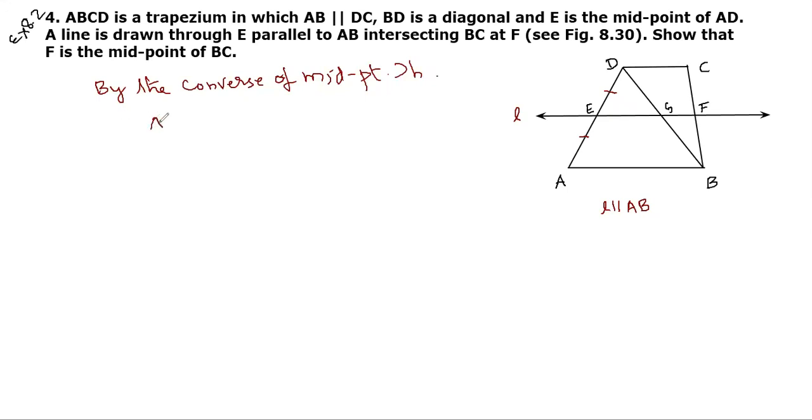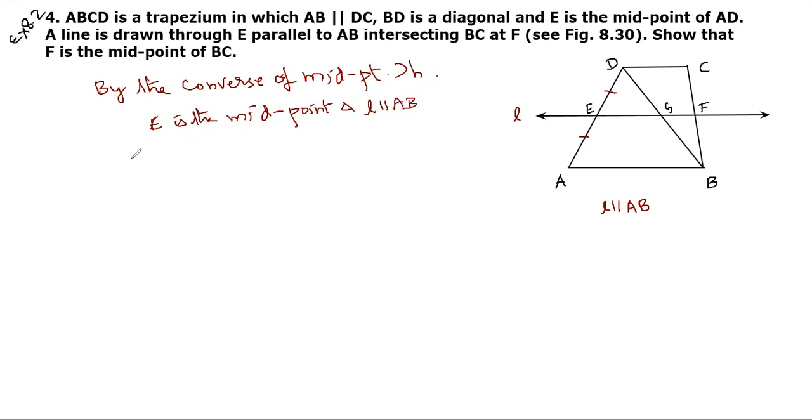E is the midpoint, because the line should start from the midpoint and it should be parallel. And L is parallel to AB.